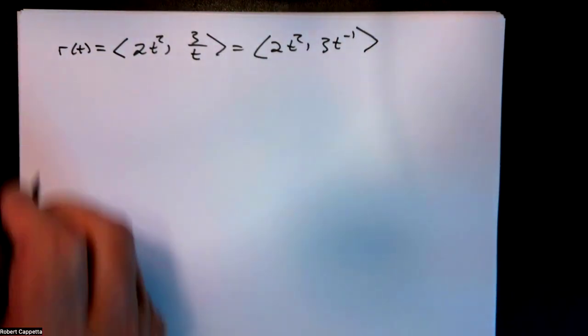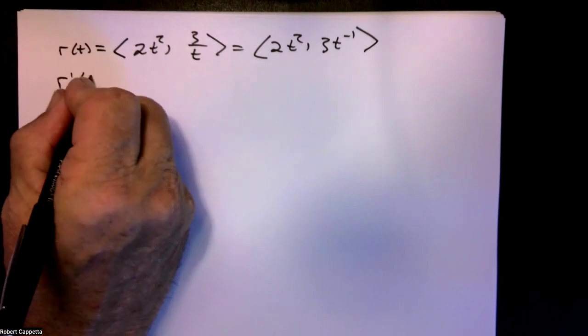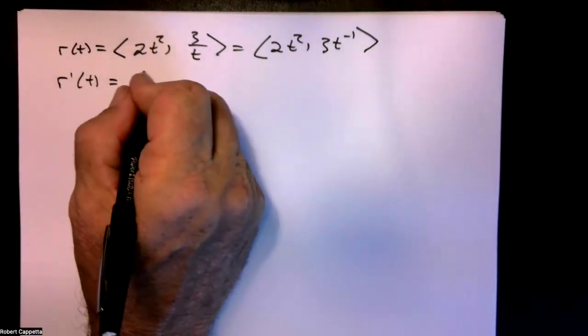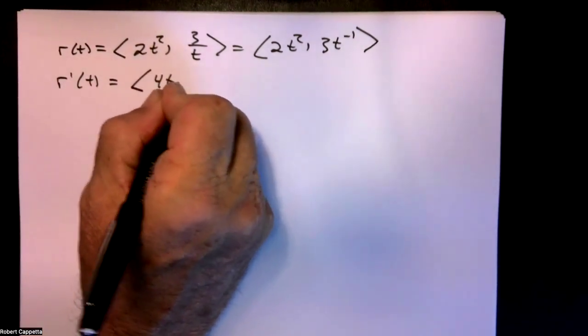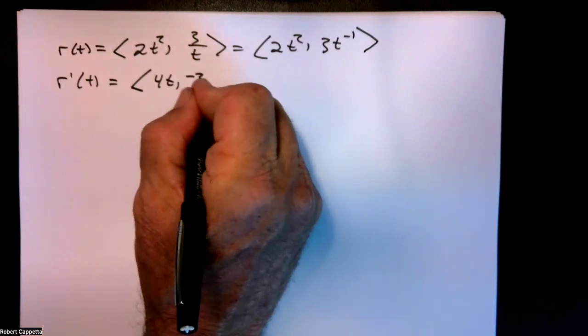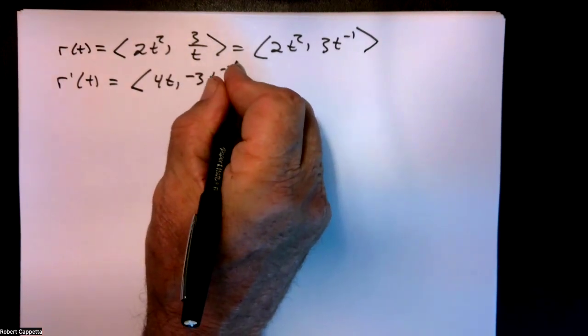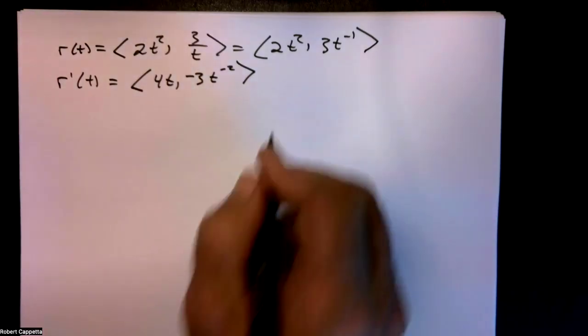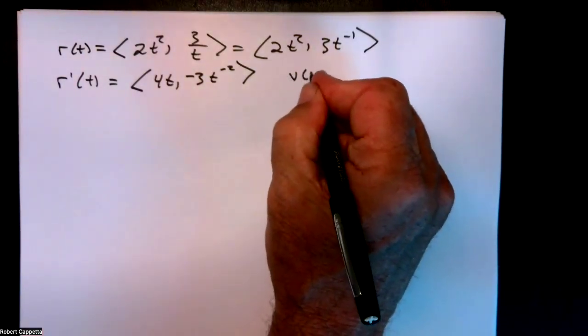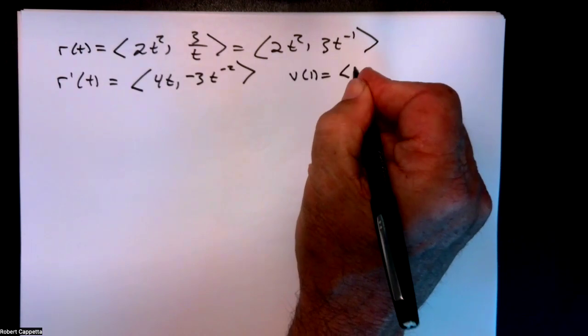Can I find the velocity vector? What is r prime of t? It's going to be 4t and negative 3t to the negative 2, which then tells me that the velocity at 1 is 4, negative 3.